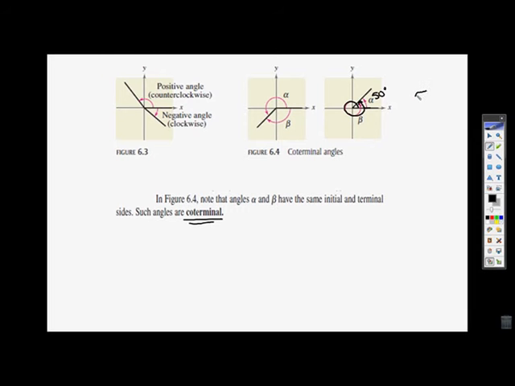This angle here is a 50-degree angle. We all know that a circle contains 360 degrees, so what we did was open up our 50-degree angle and then do another lap around the circle. So if we add another 360 to it, we would get 410 degrees. The 50-degree angle and the one with the extra revolution, the 410-degree angle, are coterminal angles.